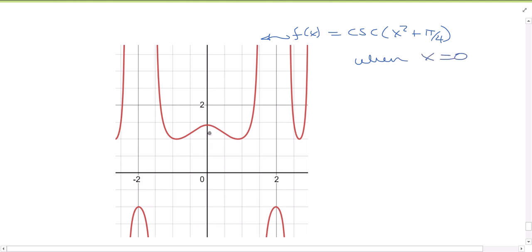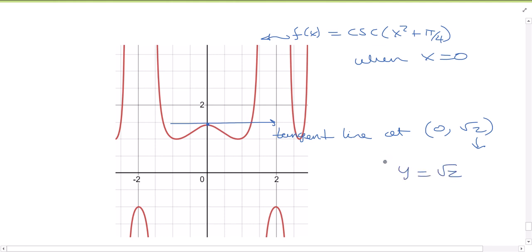So notice that at x equals 0, the tangent line there is horizontal. So this is the tangent line. And so the equation of the tangent line at the point where x is 0 and y is, what did we say, cosecant of pi over 4, which was root 2. Tangent lines are horizontal lines, the equations are the y value, so they will be y equals root 2.